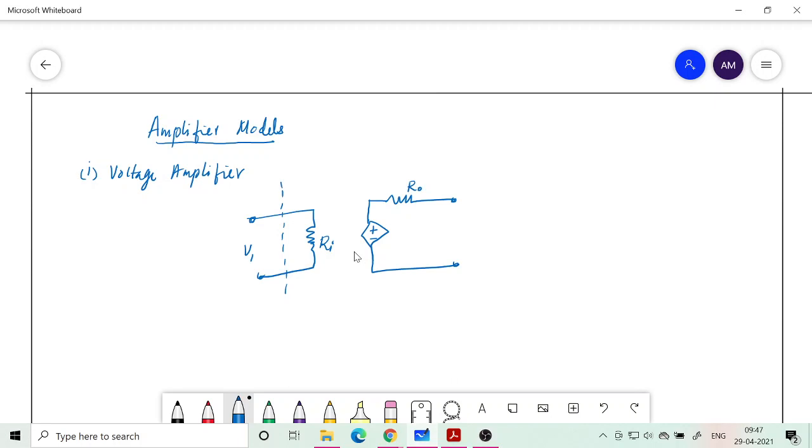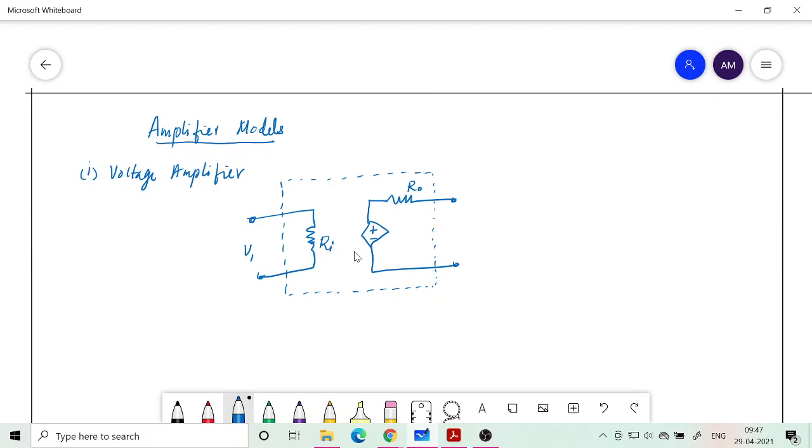So let me put these components inside a block, and I would refer to this block as the model for a voltage amplifier.